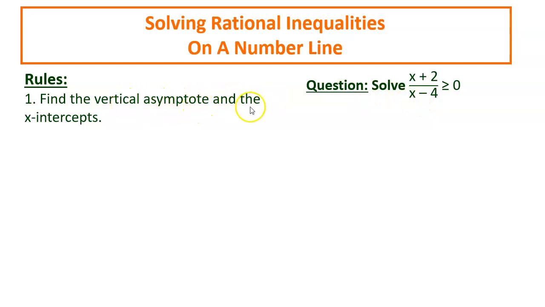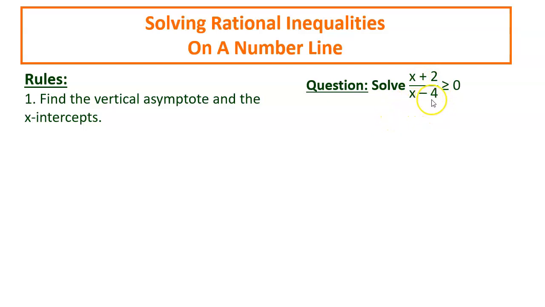Okay? And what are the x-intercepts, or what is the x-intercept? X-intercepts are those values of x which make the function expression equal to 0. Again, I have come to that function term. The given expression equal to 0.